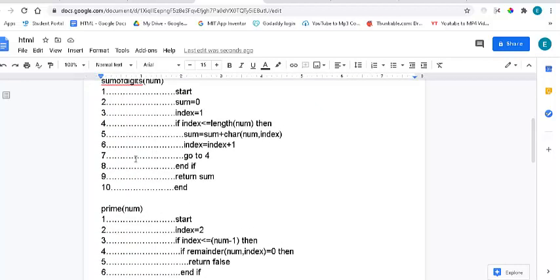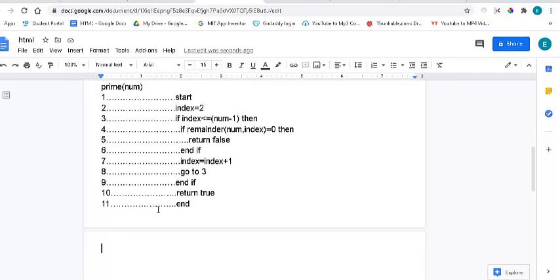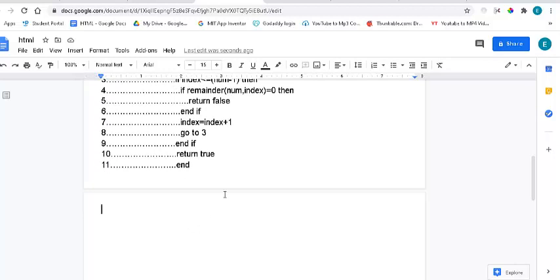Since I do have these algorithms, I can use them in my third algorithm. So I'm going to call the third algorithm harshad, and it takes a number num. So let's see how we can write this one. Again, we are going to start with start.